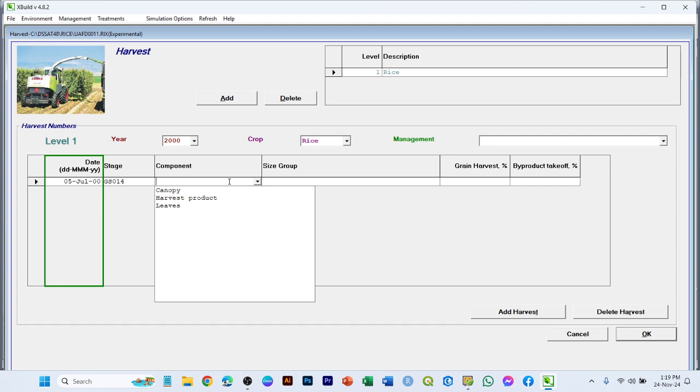Again, it's up to your experiments. Canopy is the topmost, meaning it includes your leaves, stem, each and everything. Harvest product means grains only. Leaf means only leaf, not stem and not your grains.